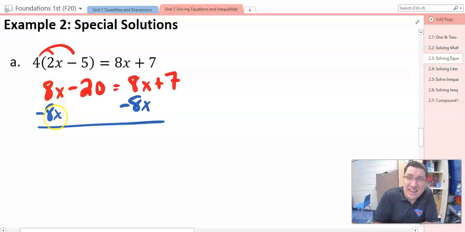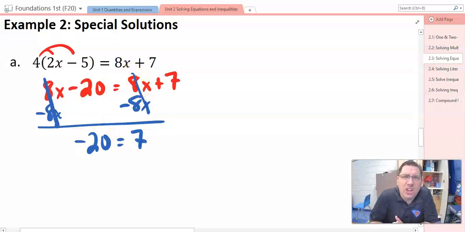8x minus 8x is what? 0. So this cancels, right? But I come over here, 8x minus 8x, that's 0, so it also cancels. So I get negative 20 is equal to 7. Huh? Negative 20 equals 7? That doesn't make any sense.